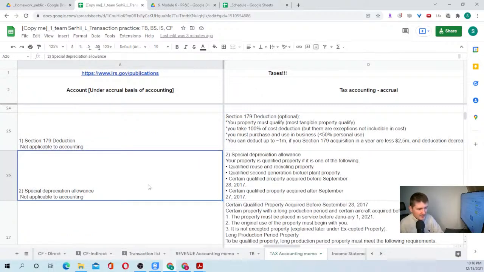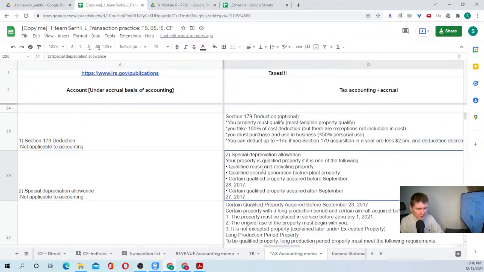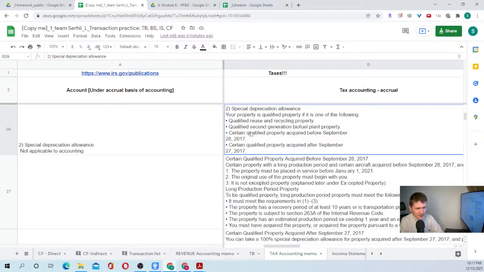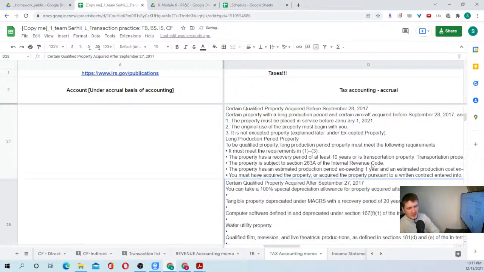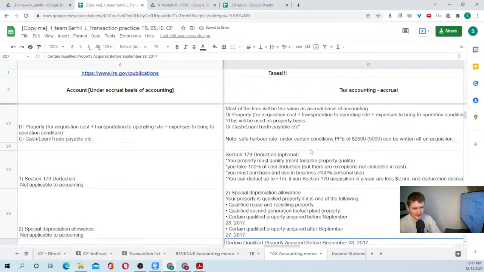Then we have some special depreciation allowances. There are some available for recycling and reuse property, some biofuel property, and some qualified property acquired before September 17 and after September 17. If it's before September 17, it only allows 30%: deduct 30% immediately and amortize the rest.